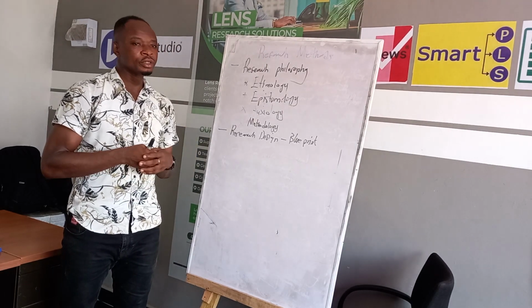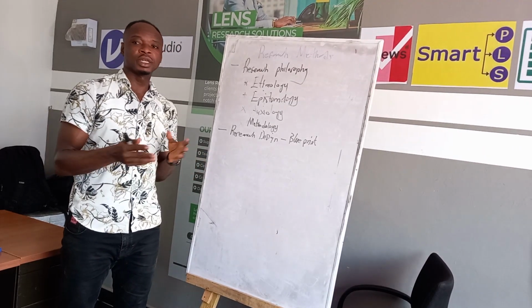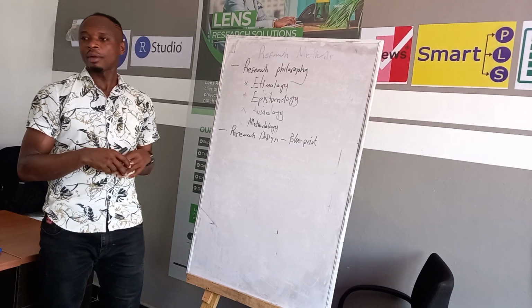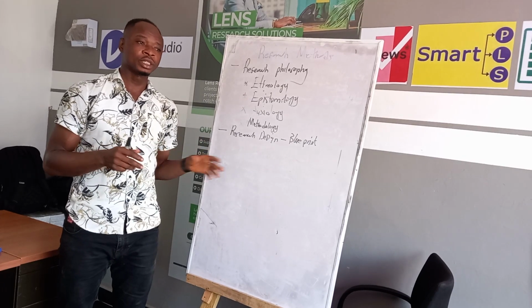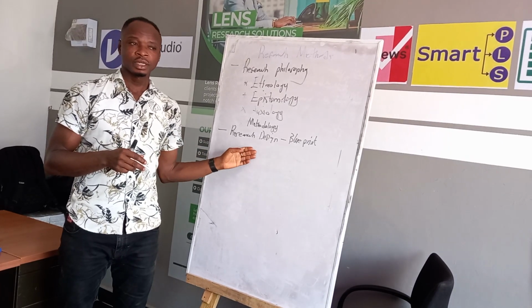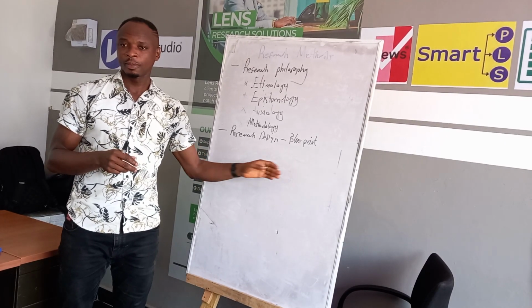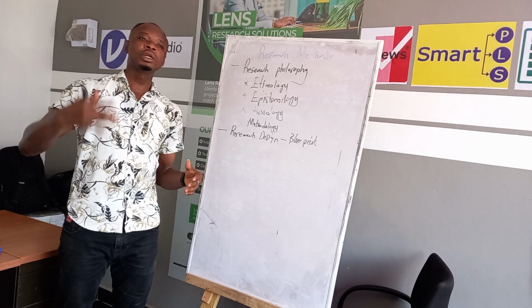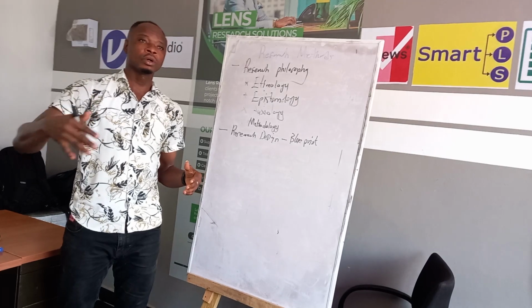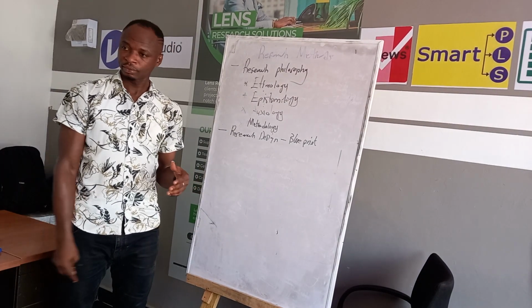There are so many different types of research designs out there, but at the basic level, we can talk about the three main research designs that are allowed. And if you choose any of these research designs, they will influence the other aspects of the research process throughout.